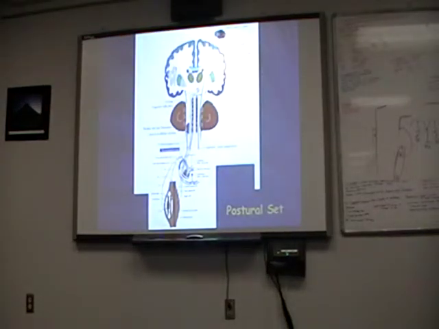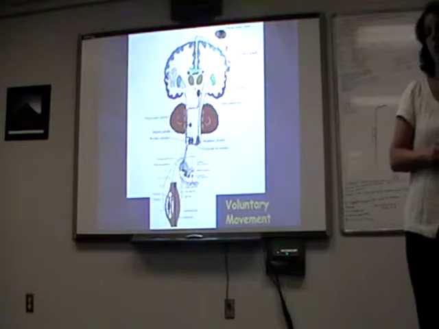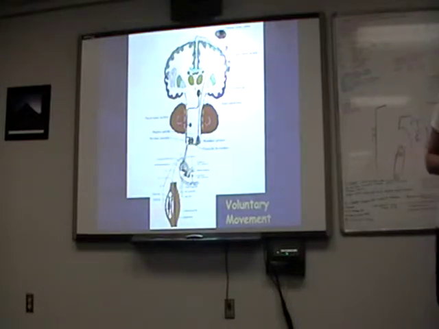So again, our postural set is going to be our ventral medial system, our tectospinal, vestibulospinal, reticulospinal, and ventral corticospinal. And then voluntary movement is going to be more corticobulbar, corticospinal, and rubrospinal.